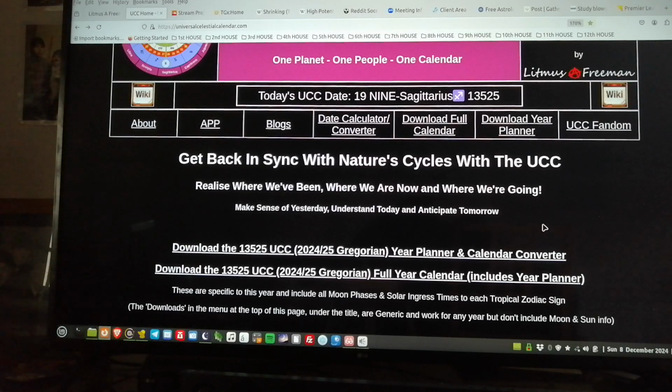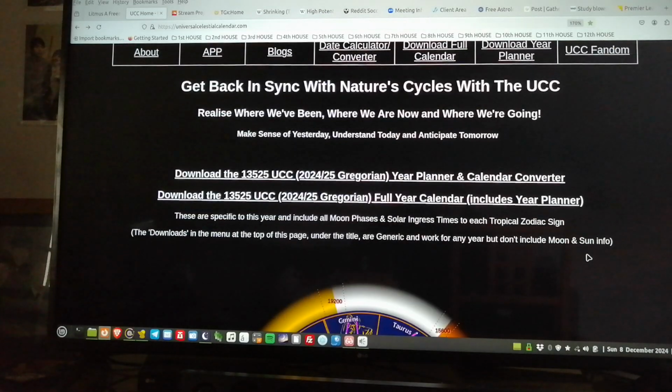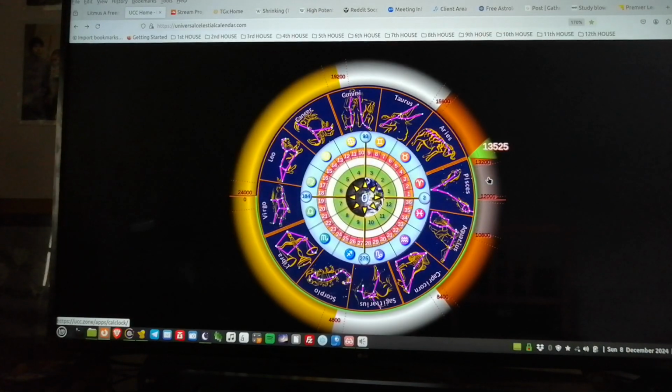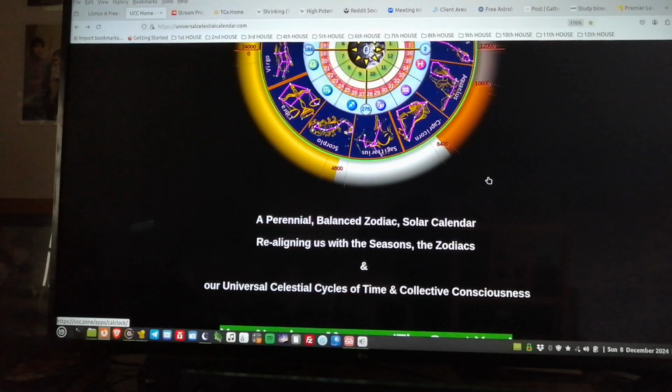The only reason you have to change it is because the Gregorian day of the week changes. And if you want to put the moons on, then obviously the moon moves based on the lunar cycle, not the solar cycle. But yeah, you've got a web page there.